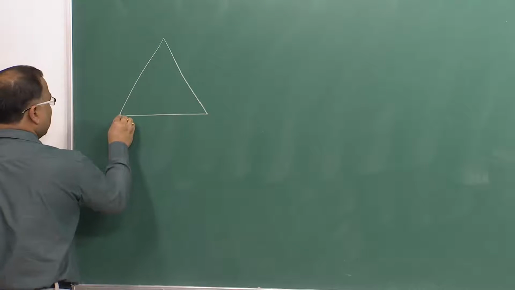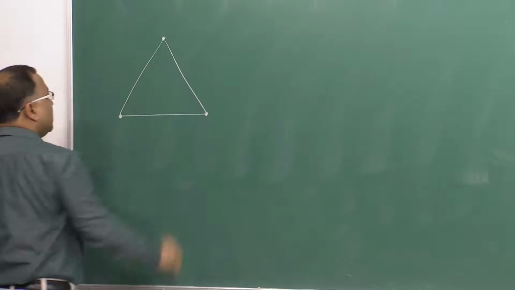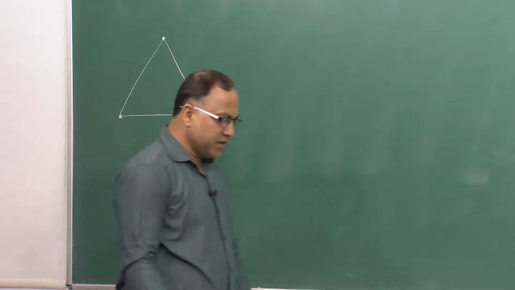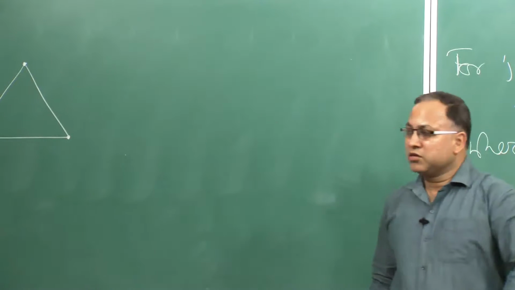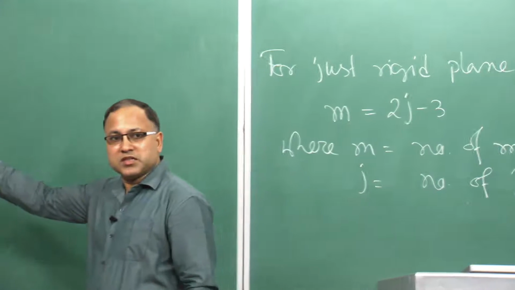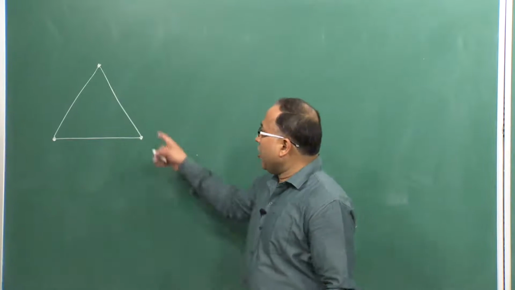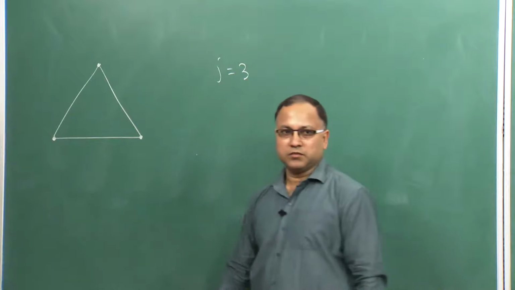I am not showing the supports, it is quite understood that of course support is there. So, this is your elementary just rigid structure, already we have decided. Now, let us see whether this equation is satisfied by this elementary truss or not. How many joints are there? J equal to 3.